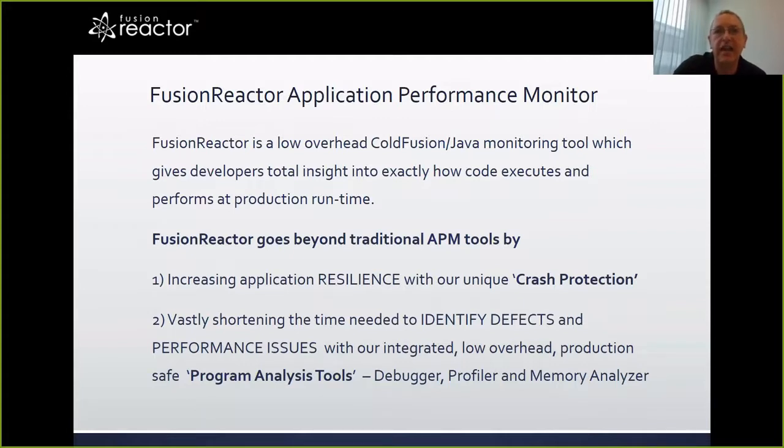First, we increase application resilience with crash protection. And the other key differentiator is our program analysis tools: the Debugger, the Code Profiler, and the Memory Analyzer, which are all integrated into Fusion Reactor, low overhead and production safe.